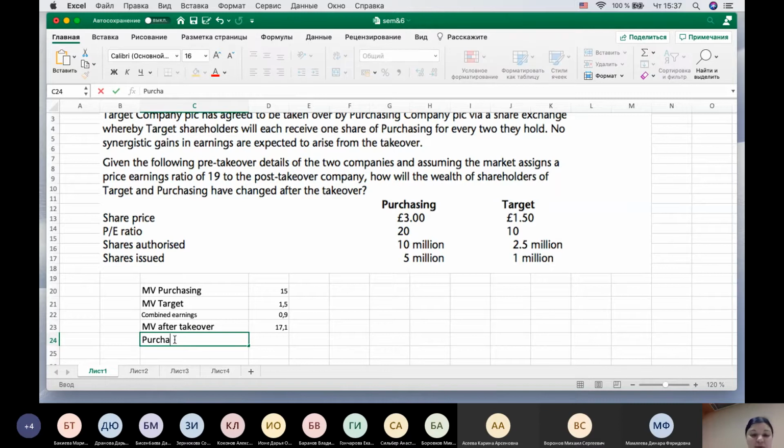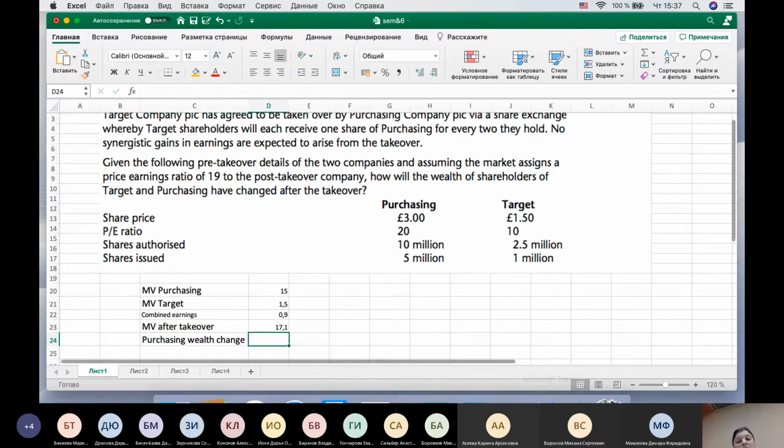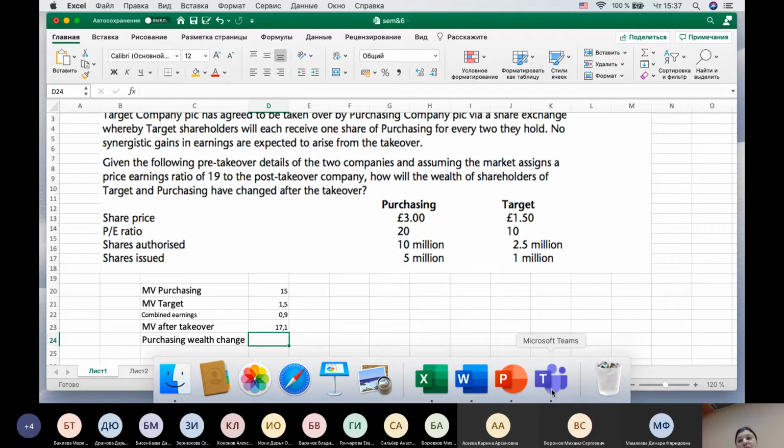Our purchasing wealth change. How could we find our purchasing wealth change?